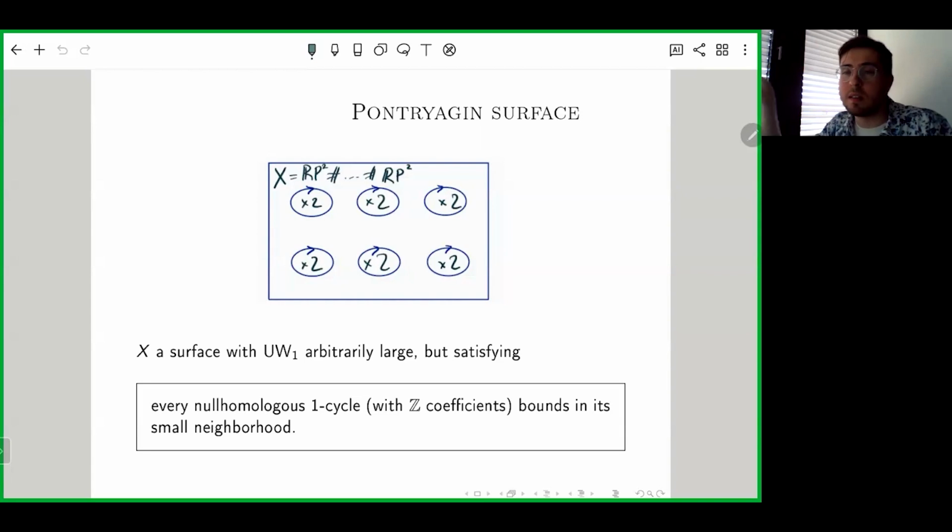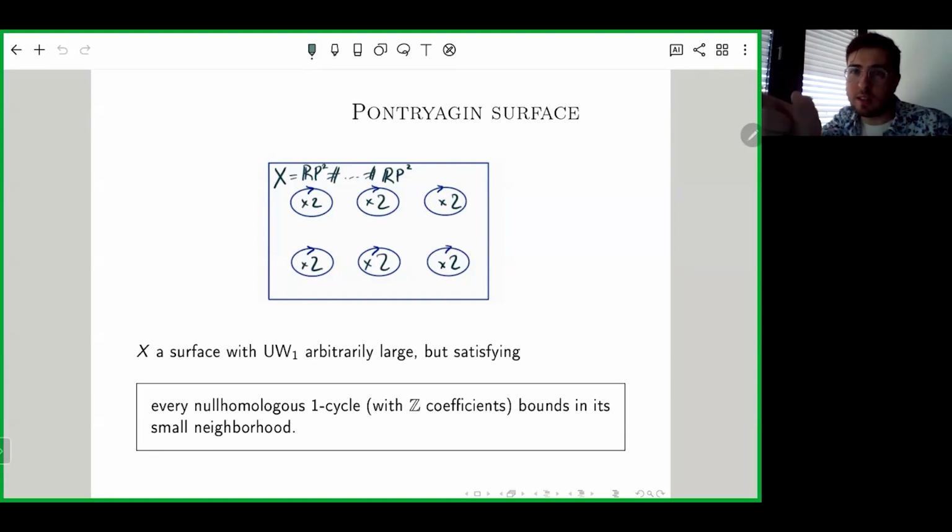It's approximately the same size as the original square or original sphere. But thanks to those RP2s, the metaphorical macroscopic curvature condition is satisfied. Every null-homologous one-cycle with Z coefficients does bound in its small neighborhood.